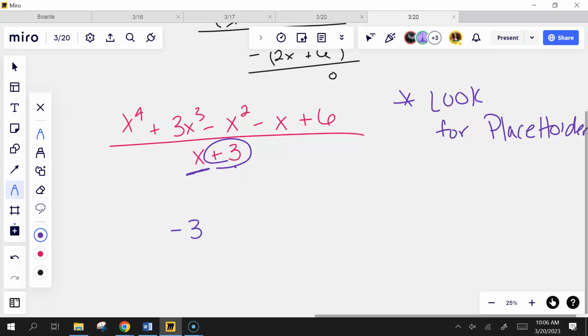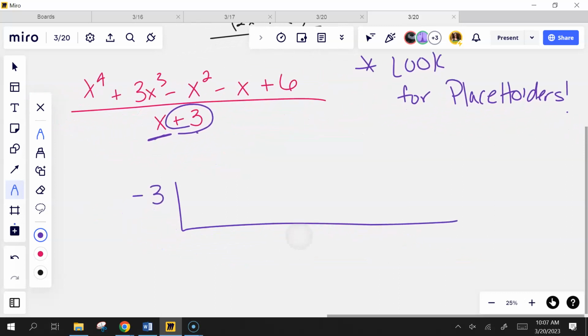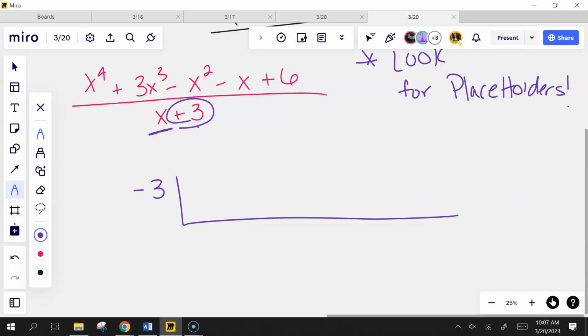Now I'm going to do an upside down division sign, and inside this upside down division sign, I'm going to leave enough room for 2 rows. Just like this. Again, don't get frustrated with it because it looks very foreign when you first see it, but everybody always likes it once you get the hang of it.